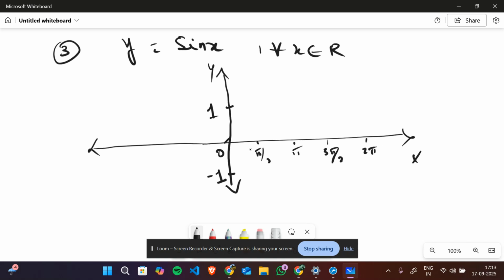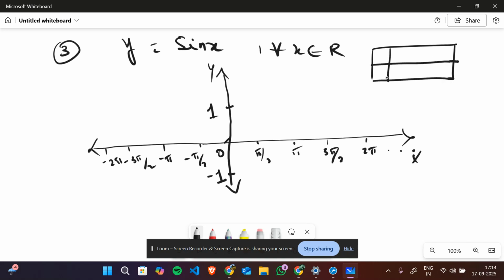Now let's plot all the values on the graph and join them, and you will get the graph of sin x. When x is 0, sin 0 will be 0. When x is pi by 2, sin pi by 2 will be 1.